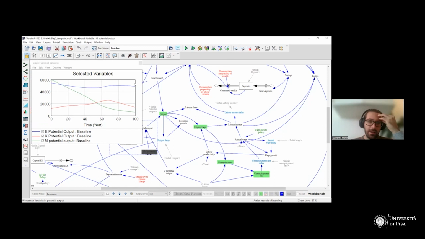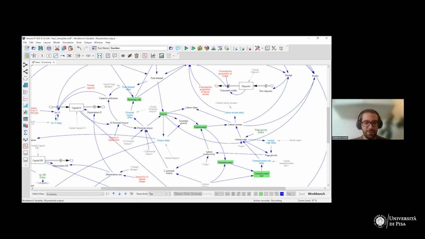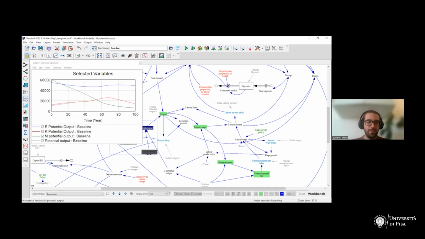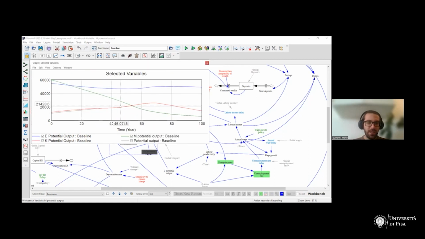And then if I click shift and I select the variables, I can put them in the same graph. And then by looking at them, I see which of them becomes more important. So I have a huge potential of production given the availability of materials, but then at some point this crosses and becomes very small.